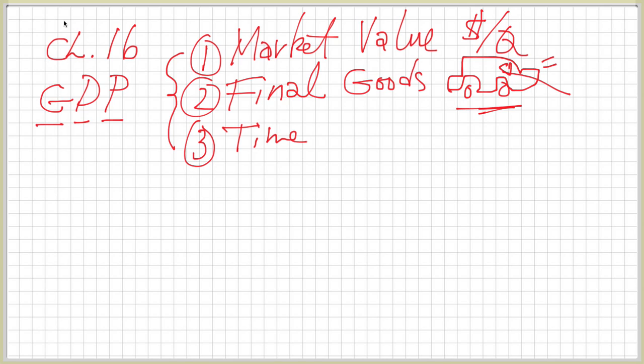All right, so this is market value of final goods in a given period of time, and GDP is usually measured quarterly, which means break down the year into 3-month periods and measure quarter by quarter by quarter. Okay, January through March, etc.